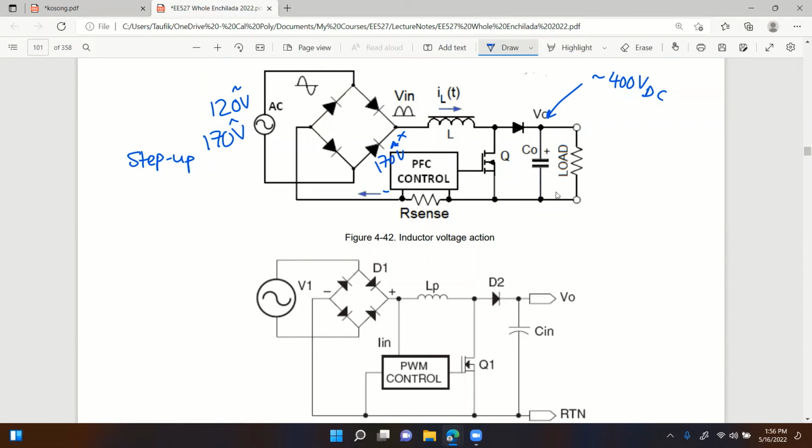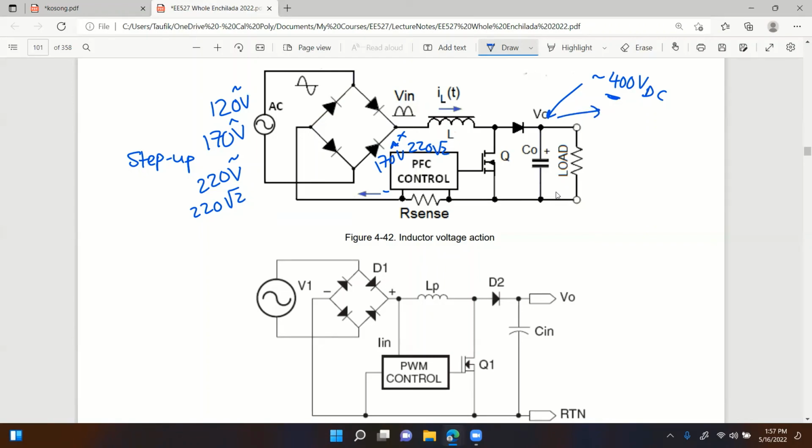But also, the thing about a boost converter is that it can accept a wider range of input. That would make this even worse, because the input voltage in Asian countries is not 120 volts, it's 220. So what is the peak on that one? Times √2. If you put 220 times √2 into the input of the boost, the output voltage is even higher.